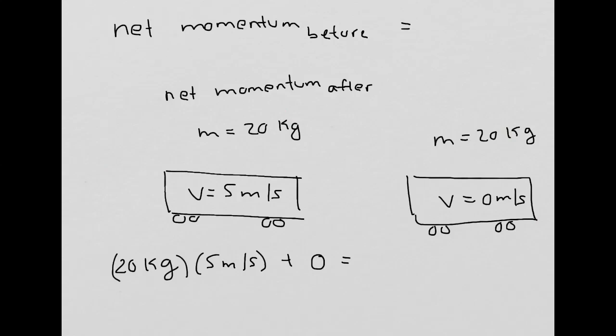So after the collision, these two bodies are moving as one, so their mass is 40 kilograms. And velocity is what we're looking for, so I'll just write v.